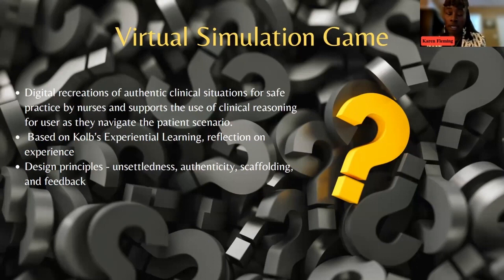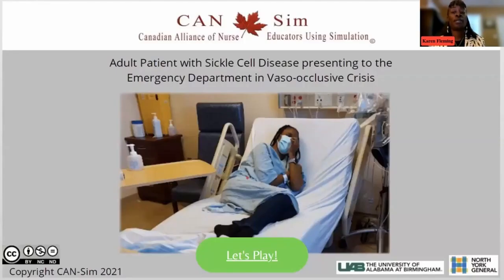This one is based on an educational framework, and it really hits all three domains of learning: your cognitive, your psychomotor, and your affective domains. The design principles that were used: unsettledness, authenticity, scaffolding, and feedback. What I want to further say about this game is I did ensure that I included a patient.